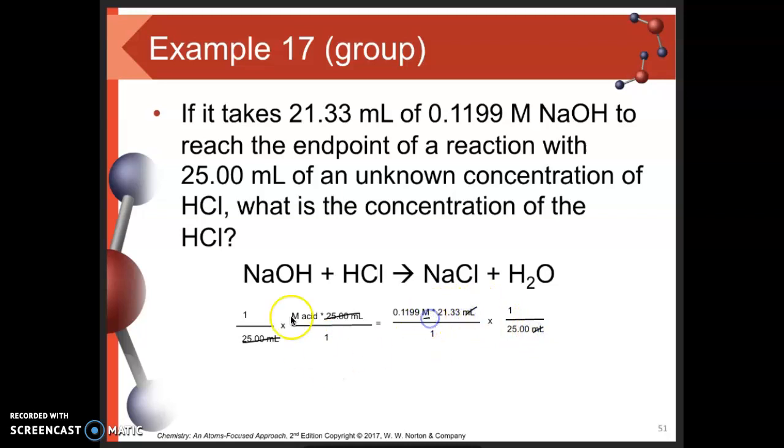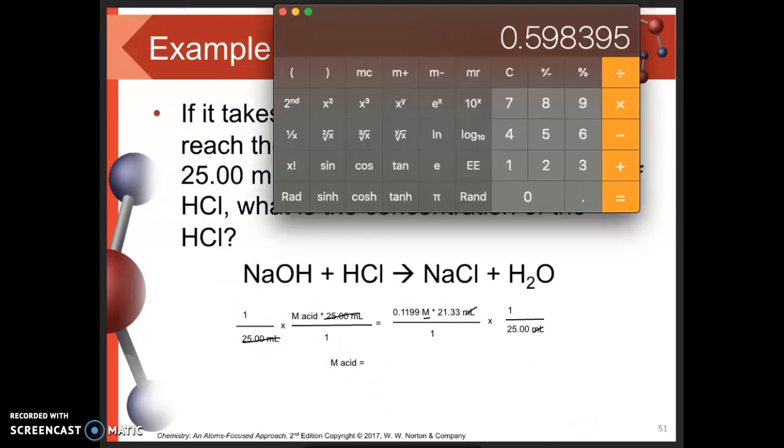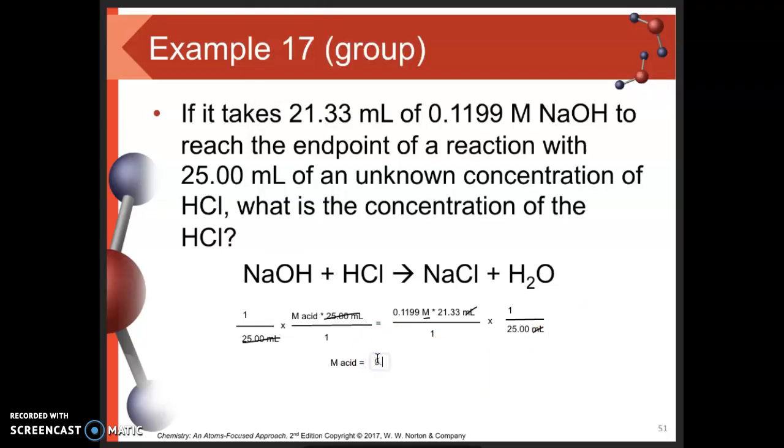I'm left with just molarity. And so the molarity of the acid is equal to 0.1199 multiplied by 21.33 divided by 25. To 4 significant figures, I get 0.1023 molar HCl.